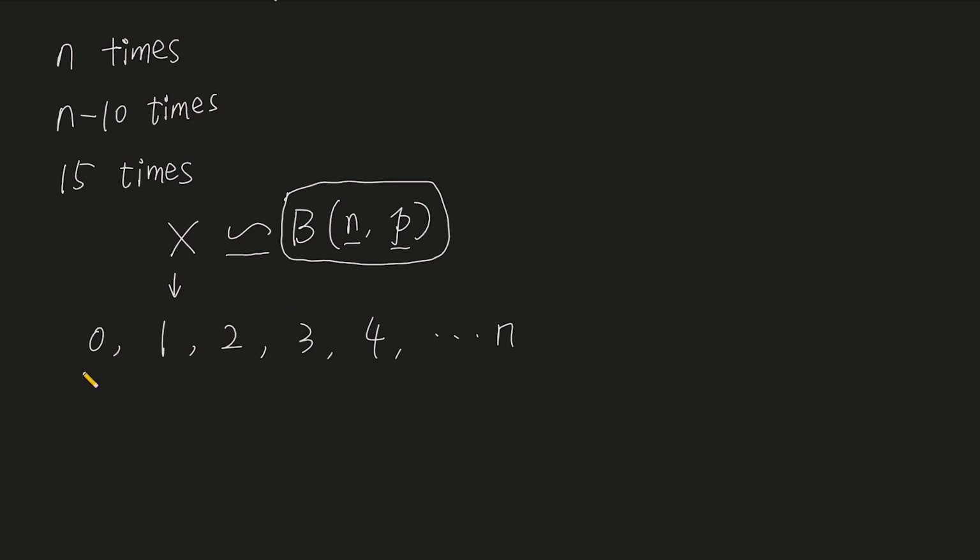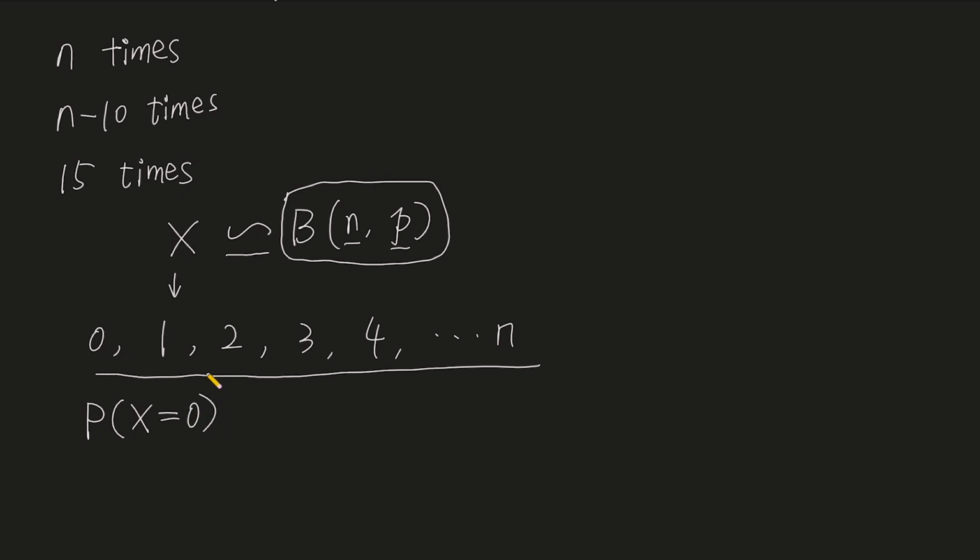So now we know the possible values for the binomial distribution. But now, what's the probability for each value? For example, what's the probability that the random variable equals 0?